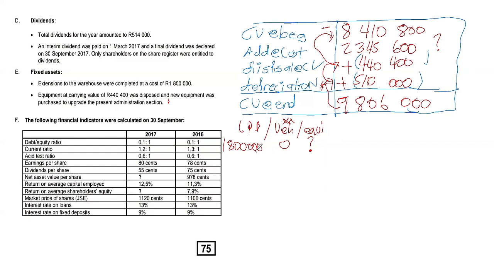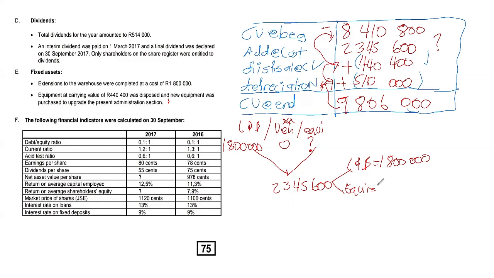So in simple terms, these two assets will cost you 2,345,600. So under 2,345,600, you have the cost of what? Land and buildings, and also the cost of your what? Your equipment, right? So remember, our cost for land and buildings was 1,800,000. The question was for you to calculate the additional amount for equipment.